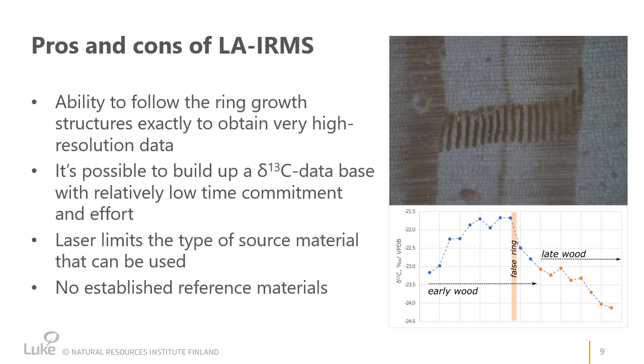So you can correct your whole wood data to represent alpha cellulose with relatively high certainty that this is a reliable correction.